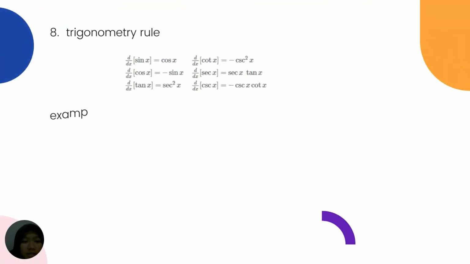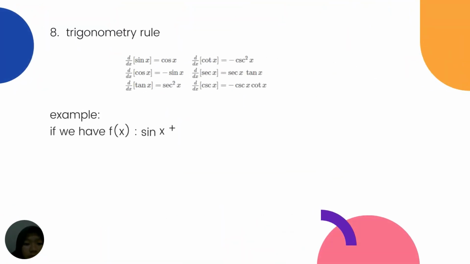Okay, the next is the trigonometry rule. Here is the derivative of trigonometry. The derivative of sin x is cos x. The derivative of cos x is minus sin x.